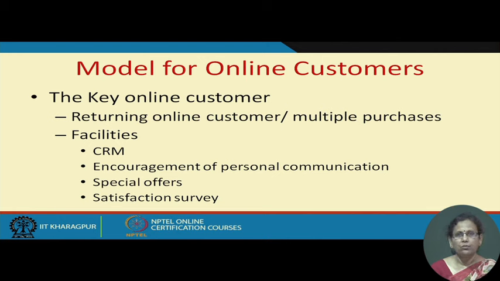So, once somebody becomes a customer and is happy with your product and service, he will be coming multiple times to your site, he will make purchases, and he becomes a very value-added entity for you. Now, what facilities do companies have for this? They have customer relationship management software, which we discussed last class.